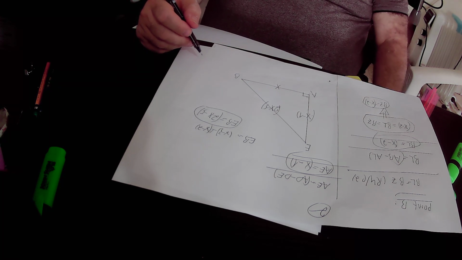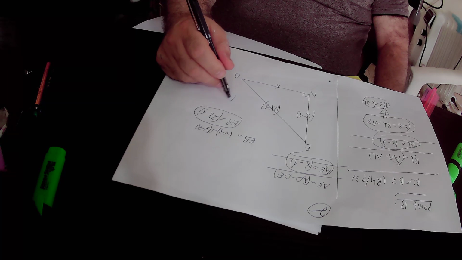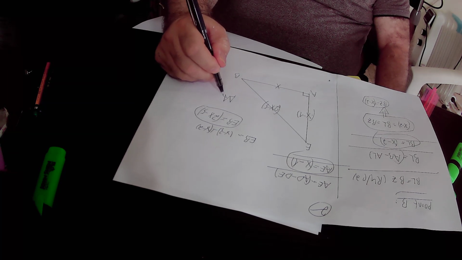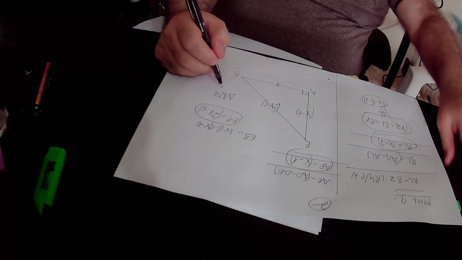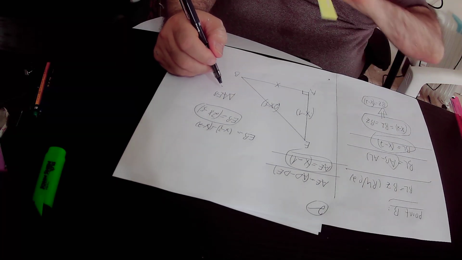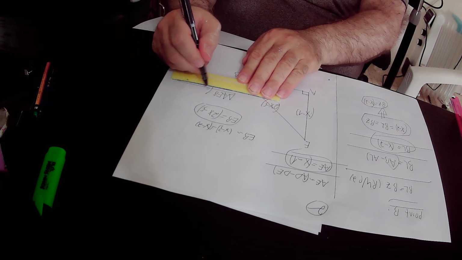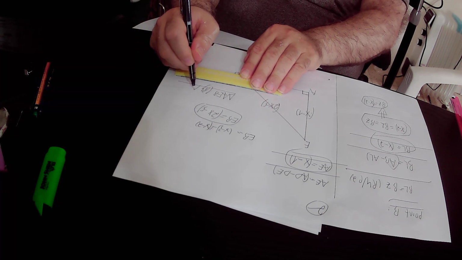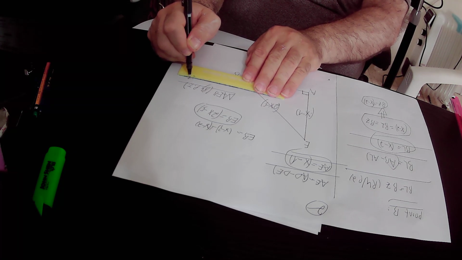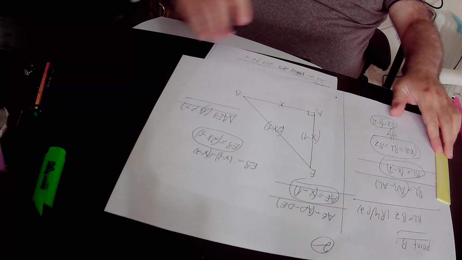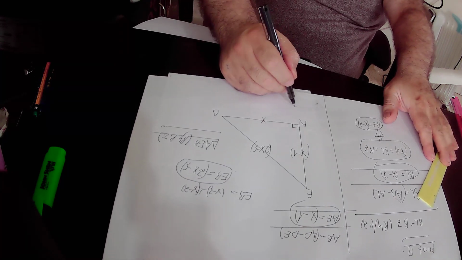So now we will implement the Pythagoras theorem on this right triangle AEB. Okay? So here, PT is the abbreviation for Pythagoras theorem. According to the Pythagoras theorem, the square of the hypotenuse equals the sum of the squares of the perpendiculars.